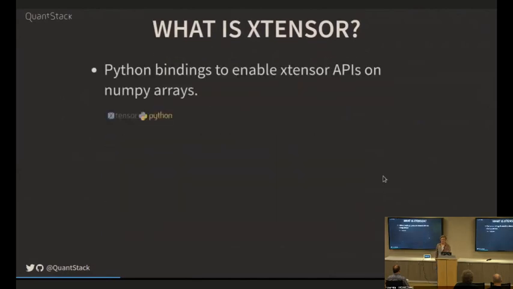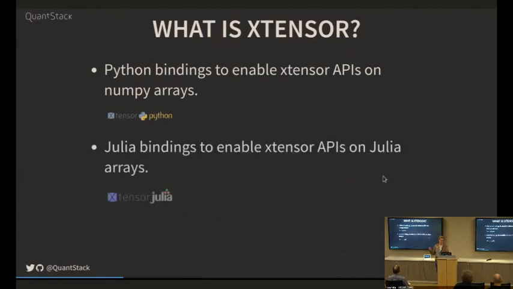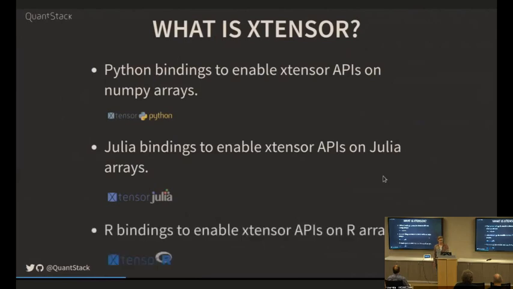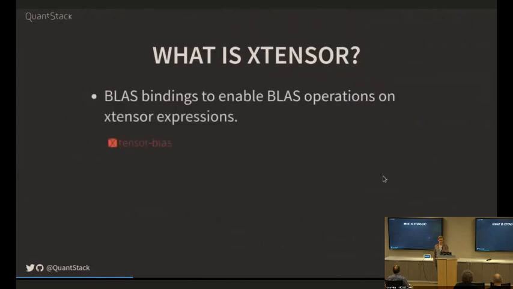And what else is Xtensor? Xtensor also offers Python bindings to enable the Xtensor API on NumPy arrays. So it's very easy to use Xtensor through Python. Then we offer the same for Julia and also R. And we also have BLAS bindings.